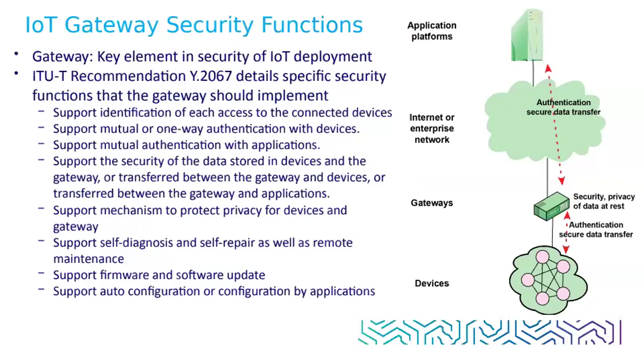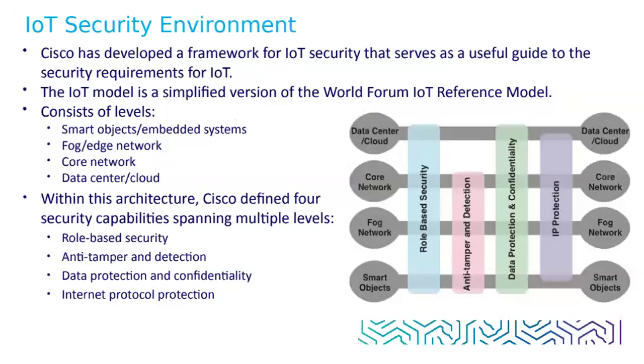Together, all these functions help ensure secure communication, secure device management, and reliable operation throughout the IoT environment. So mainly, it is going to ensure the secure and reliable IoT deployment.